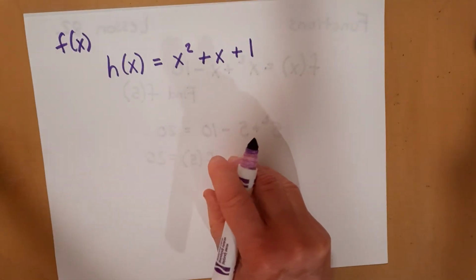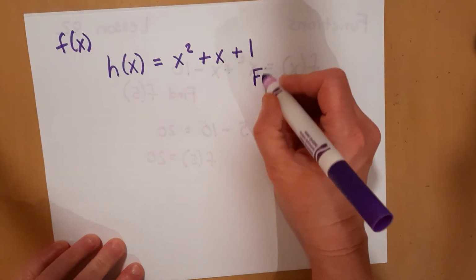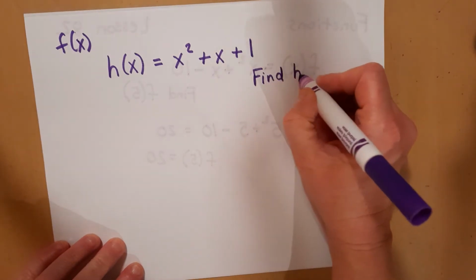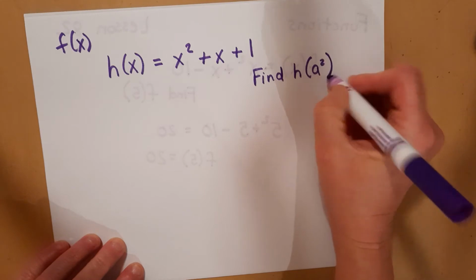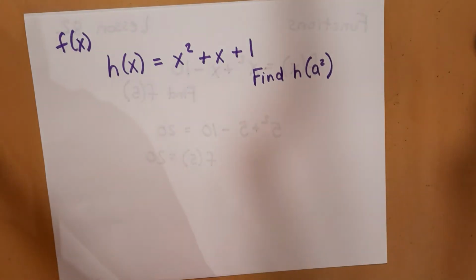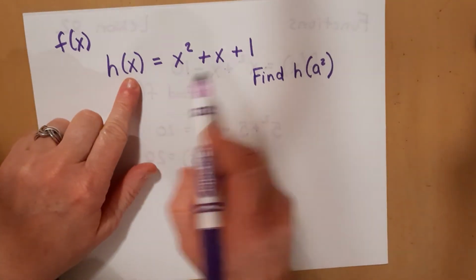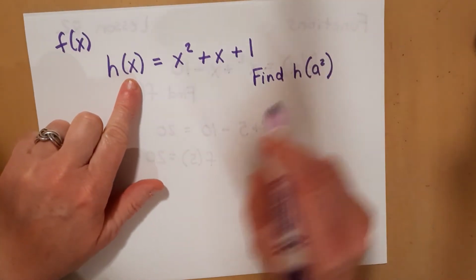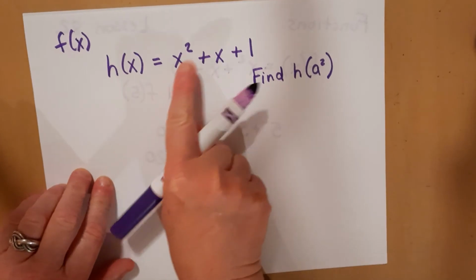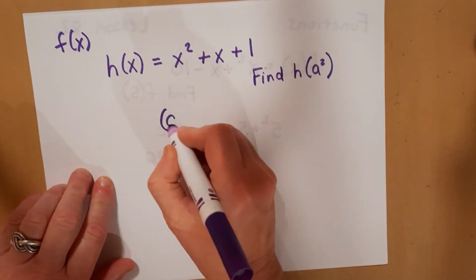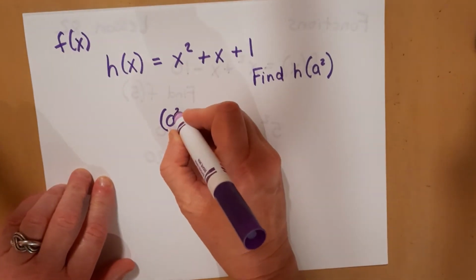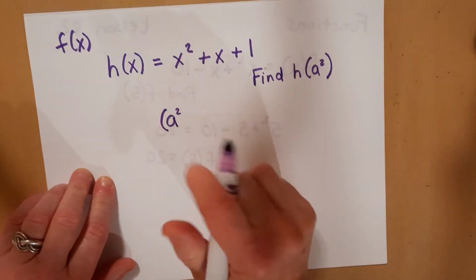And then in your book you'll see that it'll ask you to find h of a squared. So what is this going to look like? All this means is that for every place that you see an x, we're going to put a squared in for it. So we see x squared. It would be a good idea to keep the parentheses around what we're putting in for x.